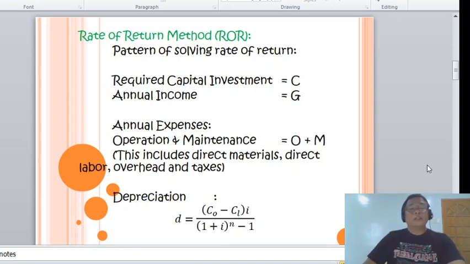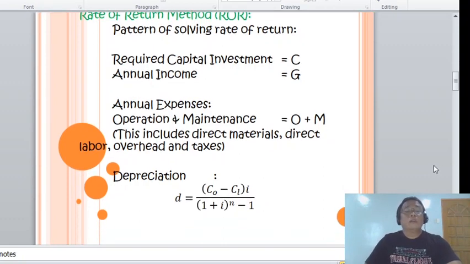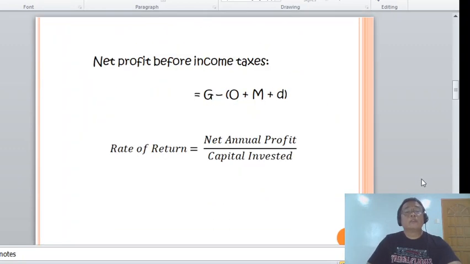Then we have the depreciation. Of course, the computation of the depreciation uses the sinking fund method. Depreciation is equal to CO minus CL multiplied by the interest I, over 1 plus I raised to n minus 1. Very easy.